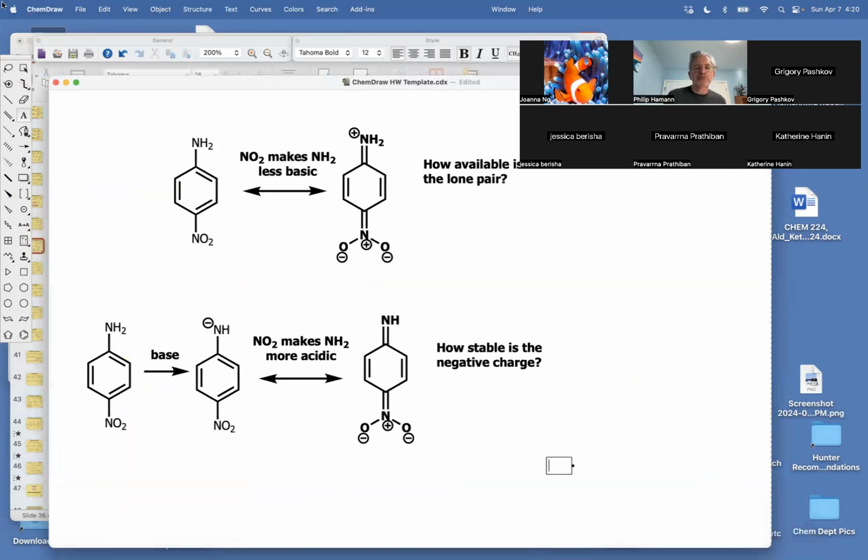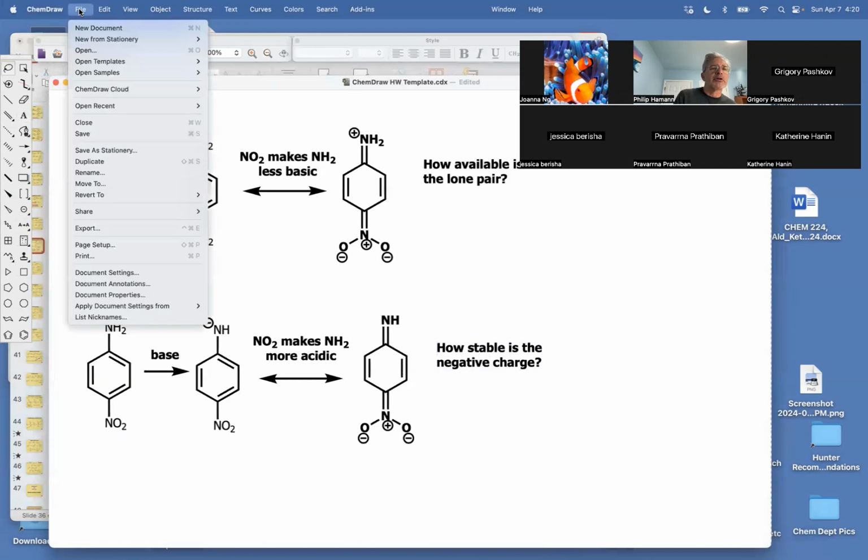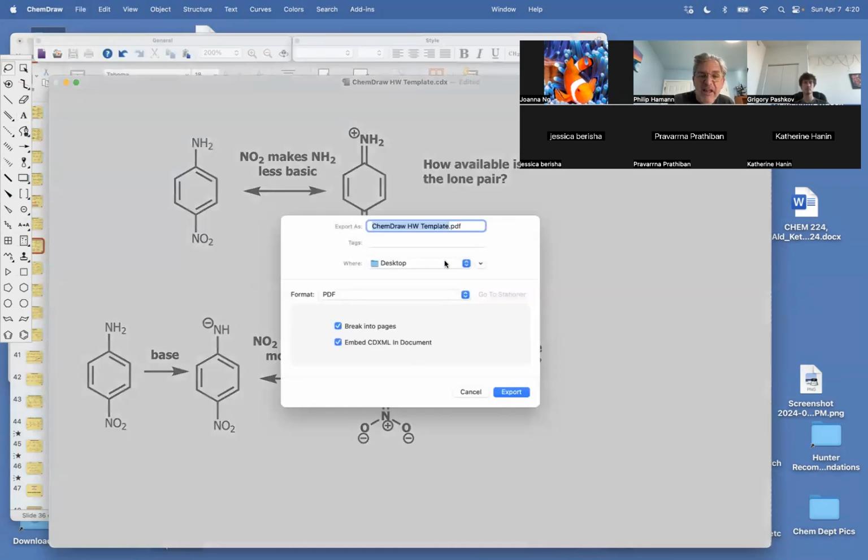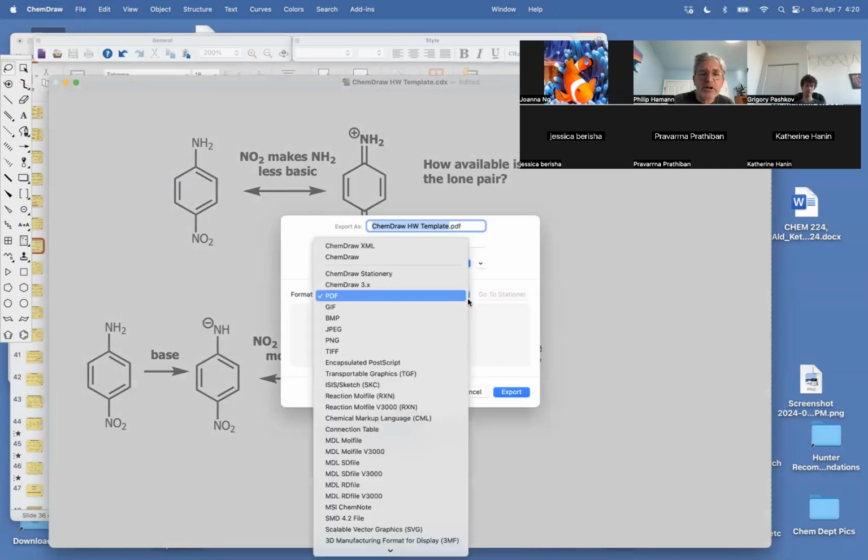Okay, I want to export this before I'm done. This is something that might be good for a slide someday. Export. I don't do this very often. I don't want PDF.